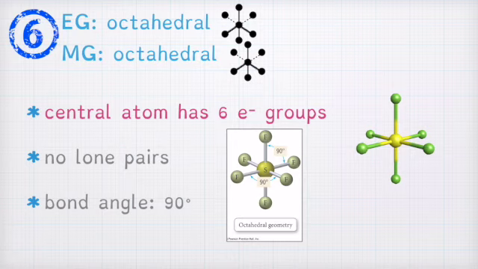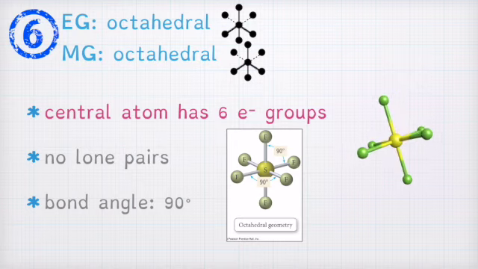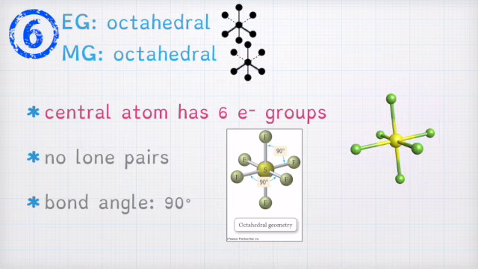So you can think of it as having a linear, axial component with 4 around the equator. The only thing to keep in mind, though, is that unlike trigonal bipyramidal, there's no distinction between any of the atoms. So you can rotate it 90 degrees and it looks exactly the same as it did before.